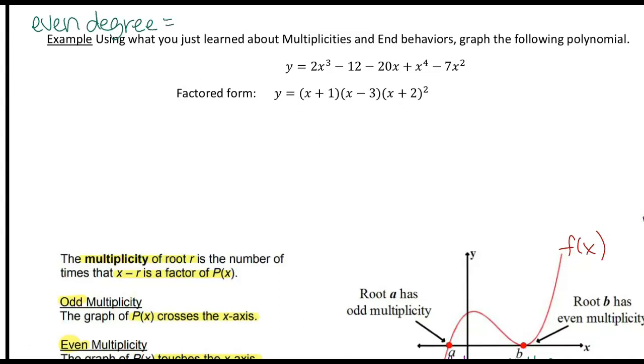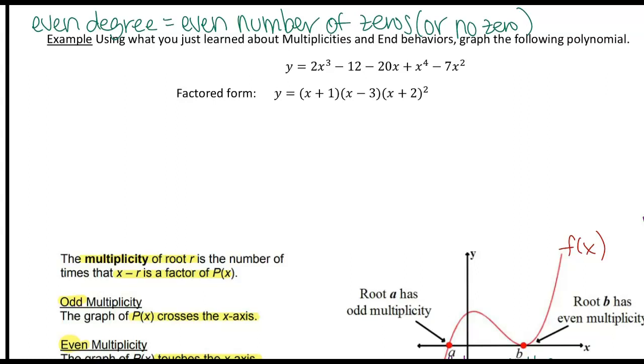Even degrees are going to have an even number of zeros, or they'll have no zeros. Point is, it's going to be even. So an even degree is going to have an even number of zeros, or no zeros at all.